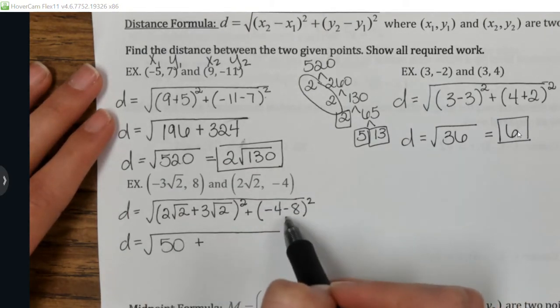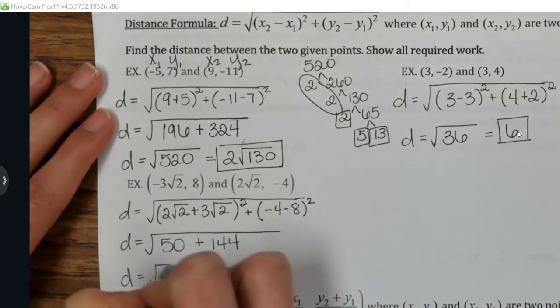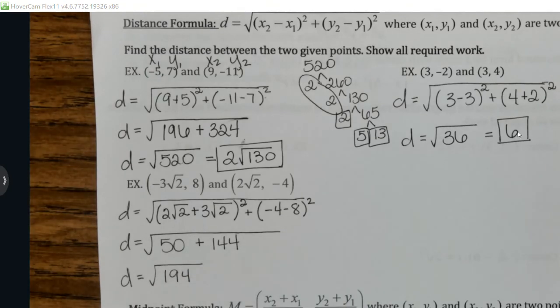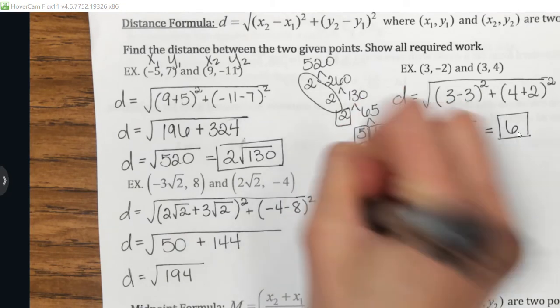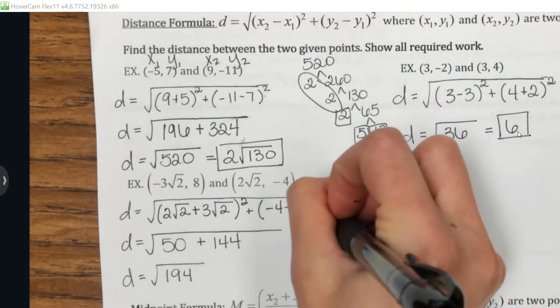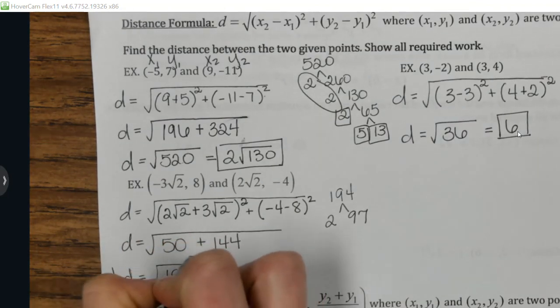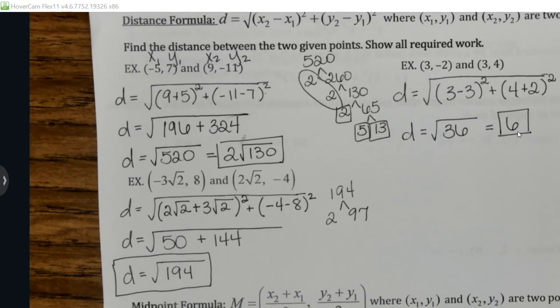This is going to give you a negative 12 squared, which is 144. Square root of 194. Is that a perfect square? No. So you would try to simplify it. That would split into 2 and what? 97. So 97 split. You can try, but it's not going to. So I would not be able to simplify this. Okay? You should all be good with that.